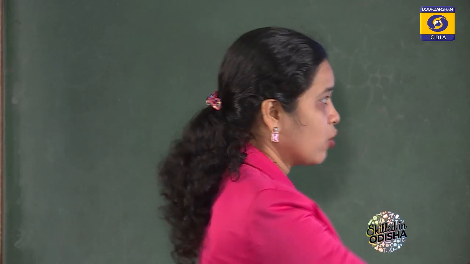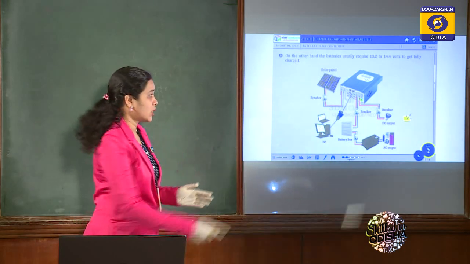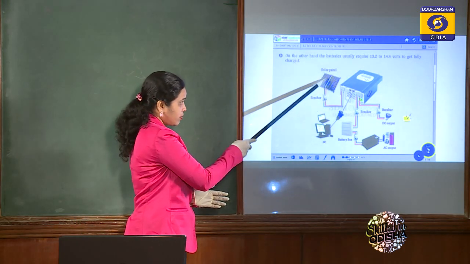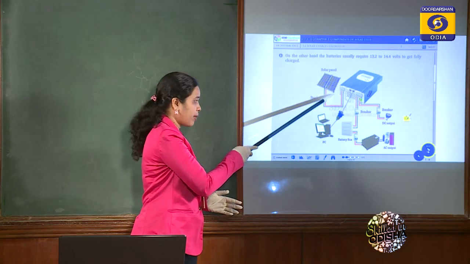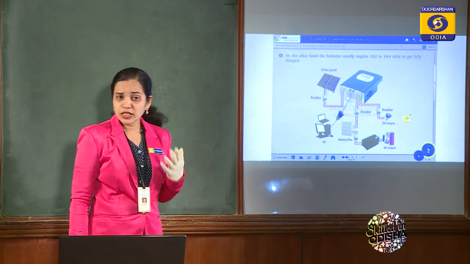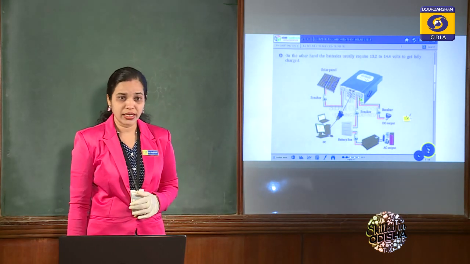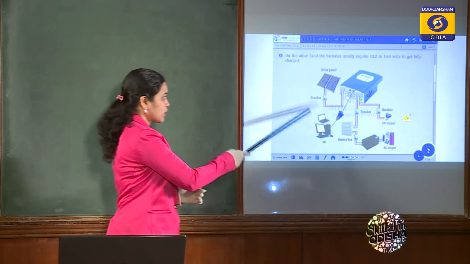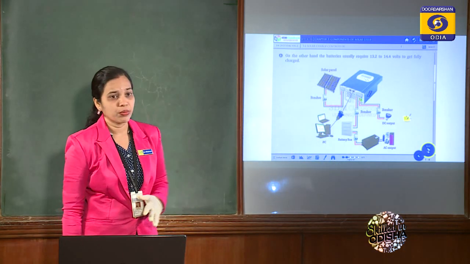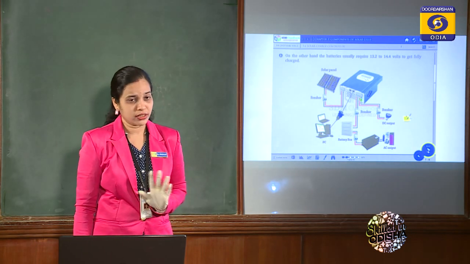If you do not connect the charge controller and connect the solar panel directly to the battery, what happens? There is more chance of risk of damage to our battery, because the output of the solar panel varies with time. It is not giving a constant DC output voltage.